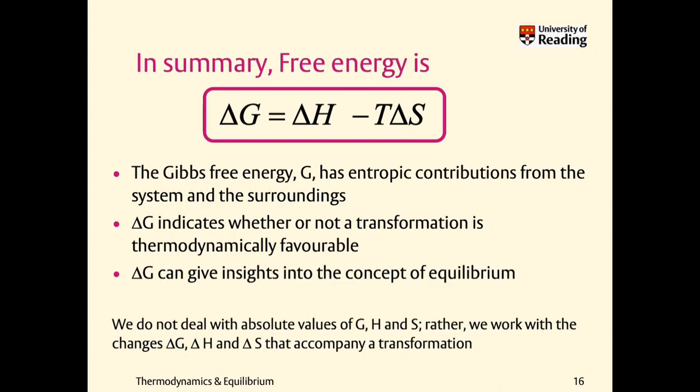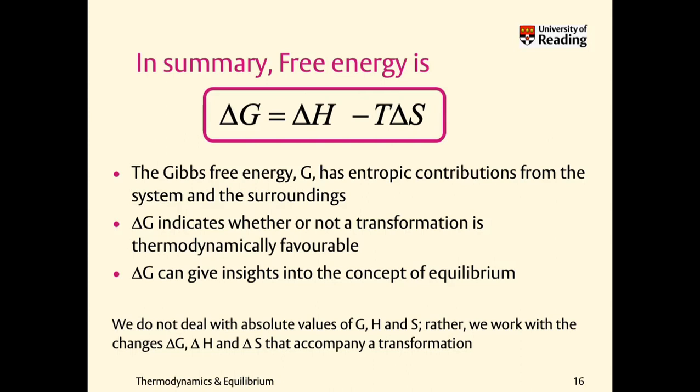For an endothermic process, delta G will be positive if we have low temperatures. So in cases where delta H is greater than T delta S. When the temperature rises, as we've seen with the examples that we've looked at, then the T delta S component will become greater.